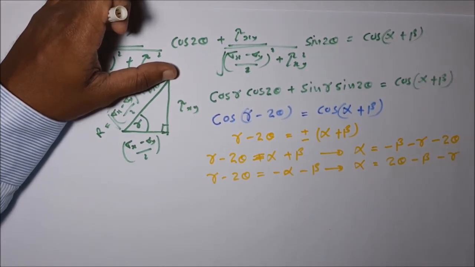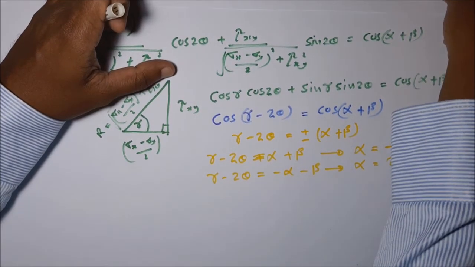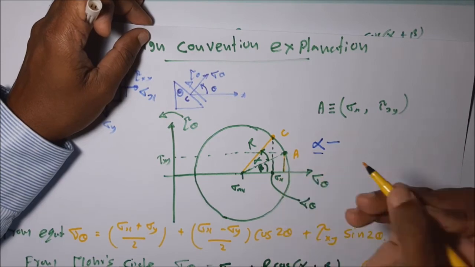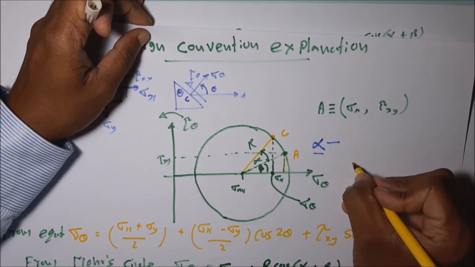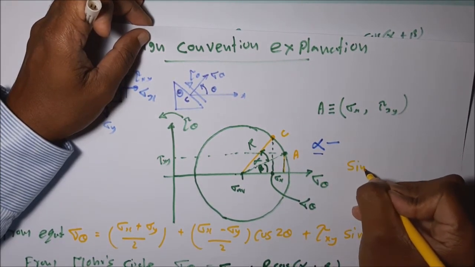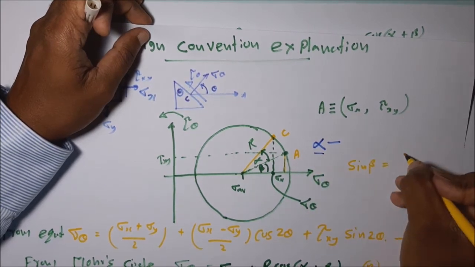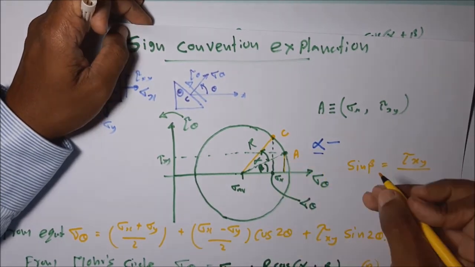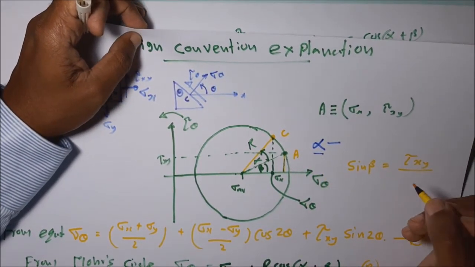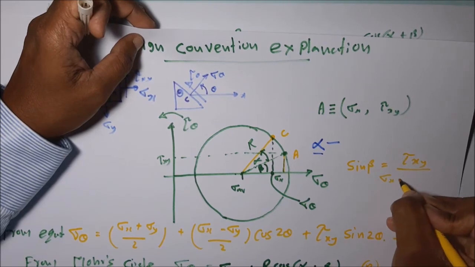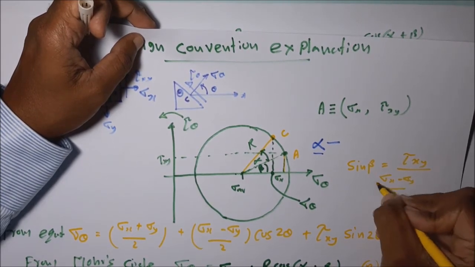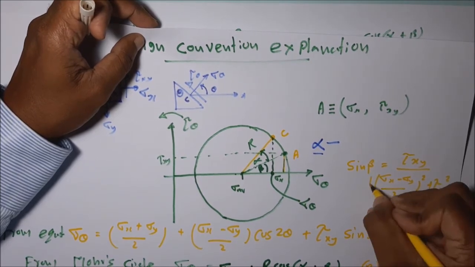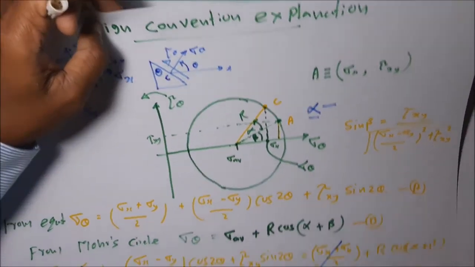Okay, then let's move to this diagram. In this diagram you can see what sin beta is. Sin beta is equal to tau xy divided by R, the square root of (sigma x minus sigma y divided by 2) squared plus (tau xy) squared.